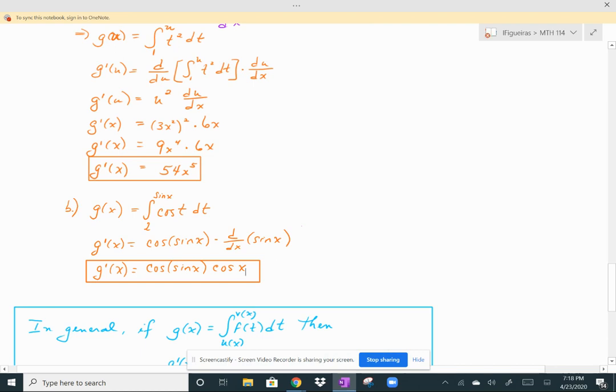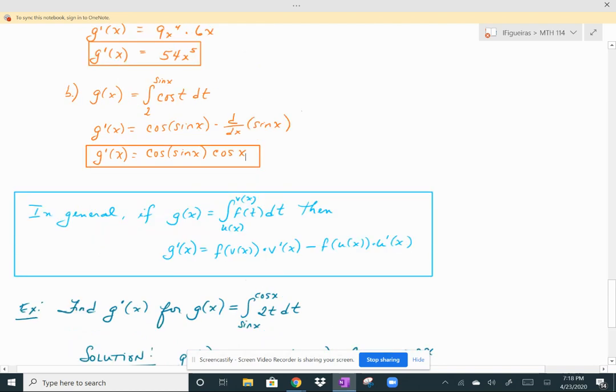All right, so to expand upon this, this is a slight variation to the theorem that I gave you before. But if you have g of x equal to the integral of f of t dt, where your limits are two functions, and I'm going to call the lower limit u of x and the upper limit v of x.